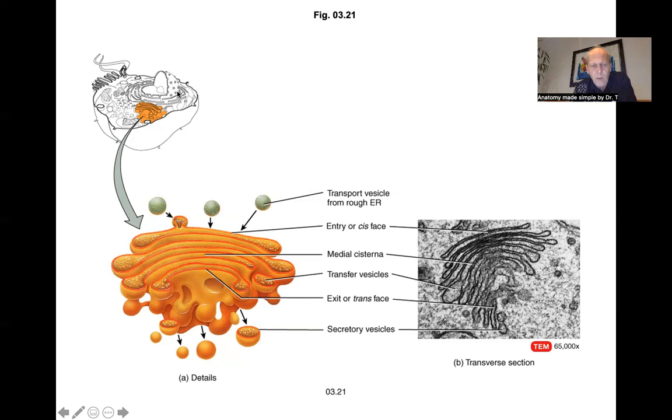If a protein is synthesized at the rough endoplasmic reticulum, those transportation vesicles, which detach from the endoplasmic reticulum, now merge with the flattened sacs at the so-called cis face, the surface oriented towards the nucleus, and then they blend with the membrane of the Golgi apparatus, releasing the content that they have transported.